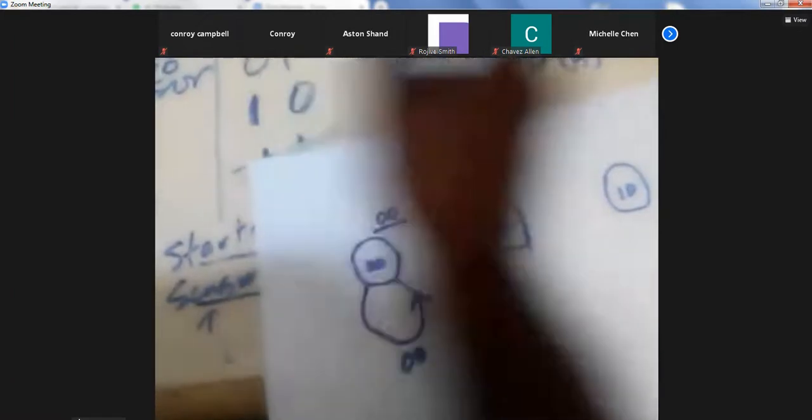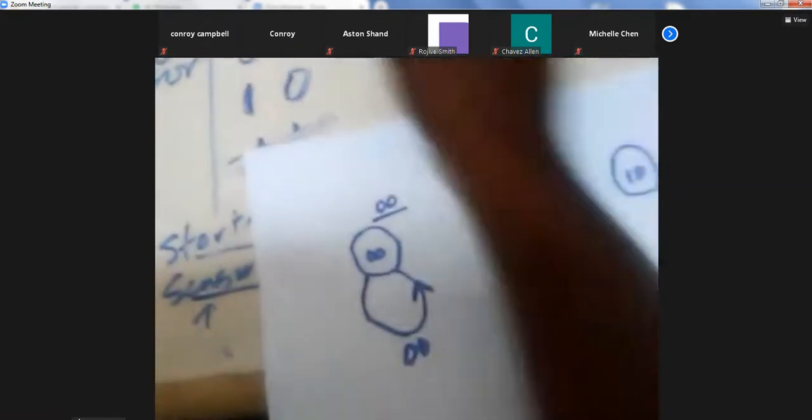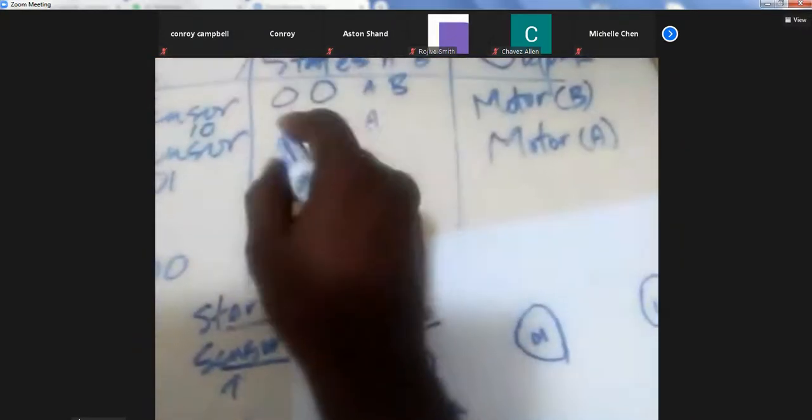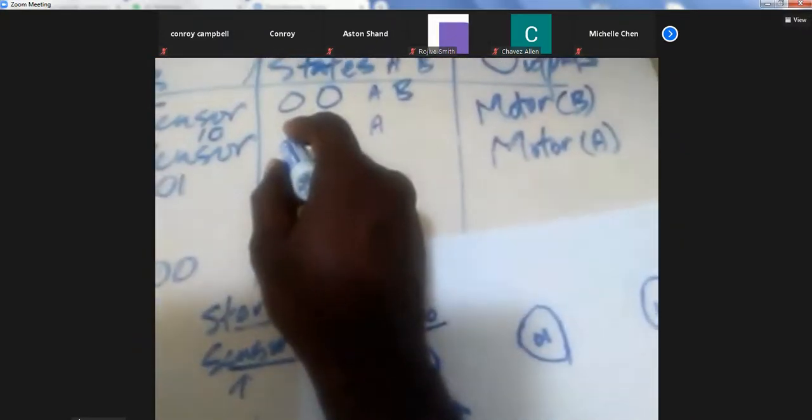State 0, 1: let me just say this is A and this is B. A is the apple motor.